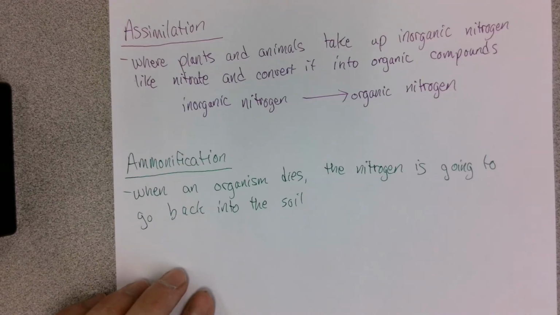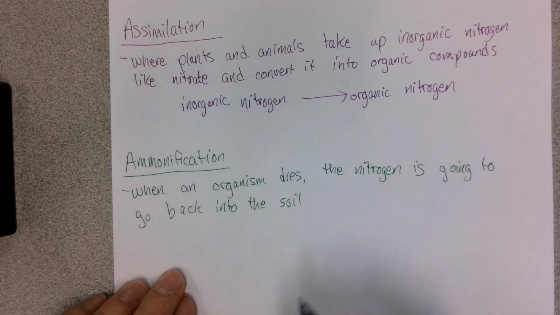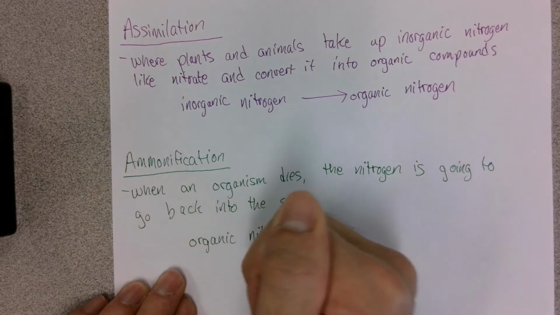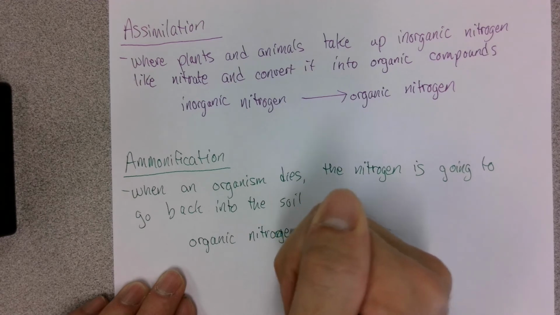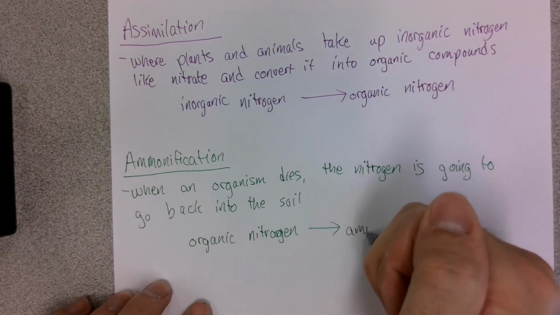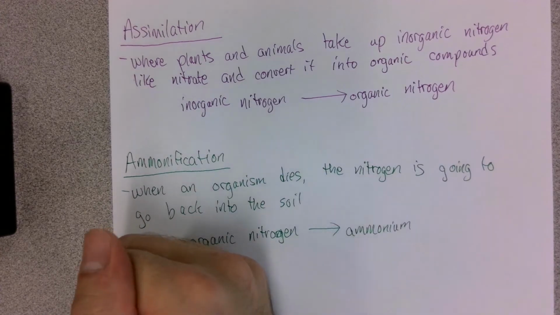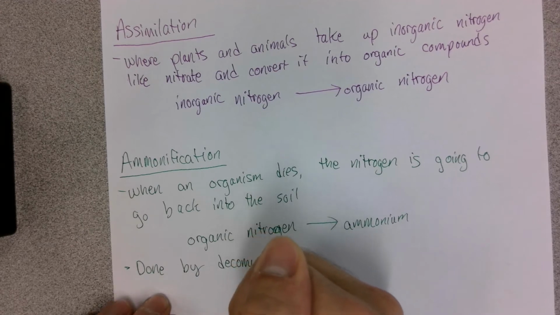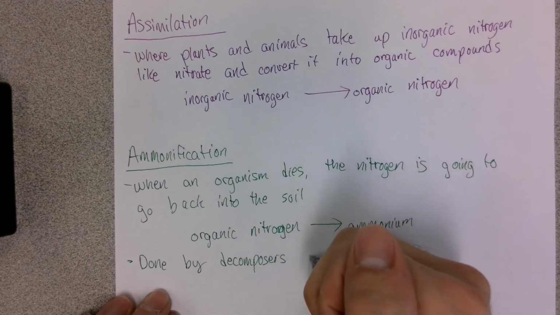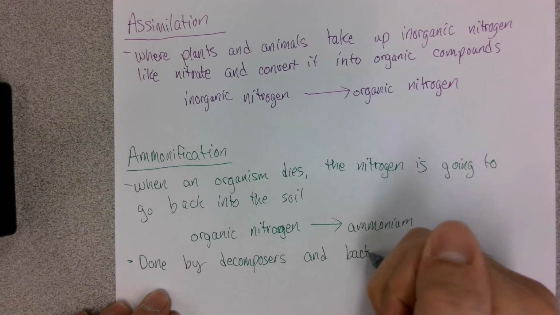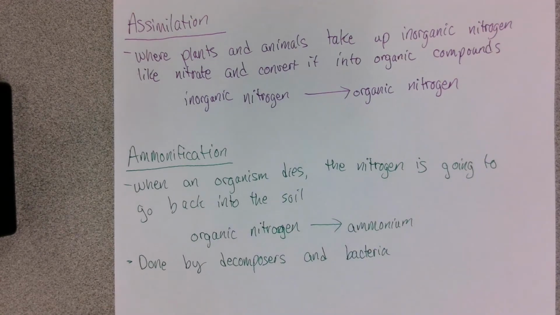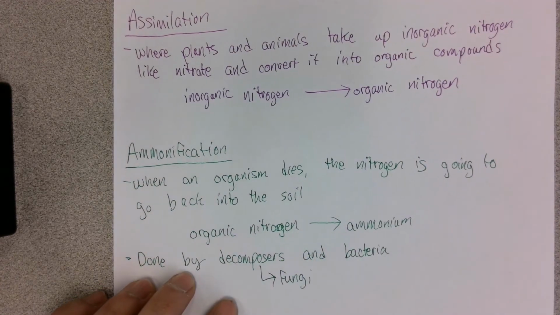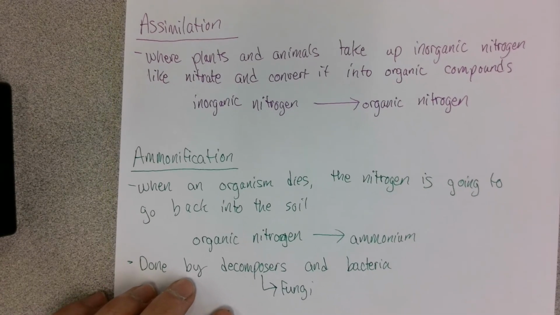But we're going to need something or someone to convert this organic nitrogen into ammonium. And this is going to be done by decomposers like fungus and bacteria. And that's the whole process of ammonification.